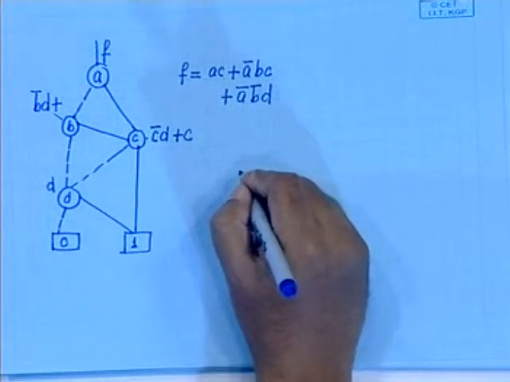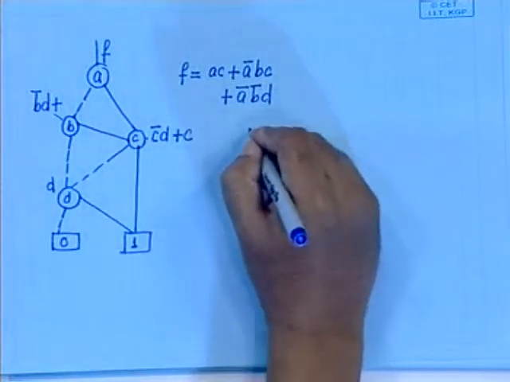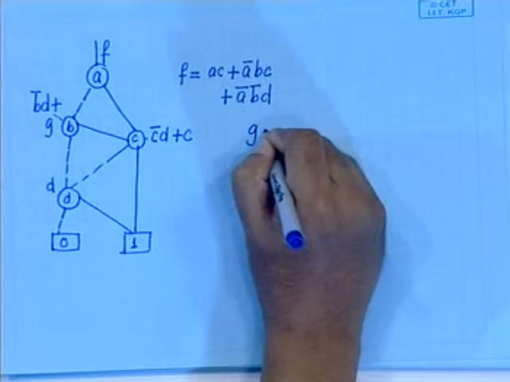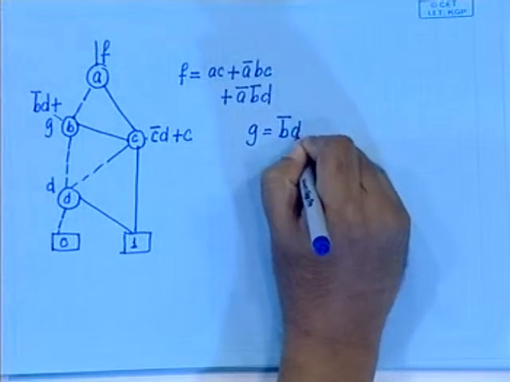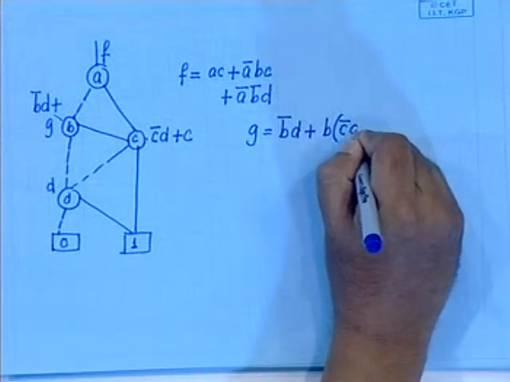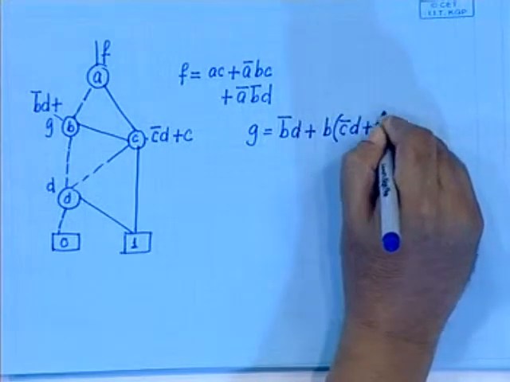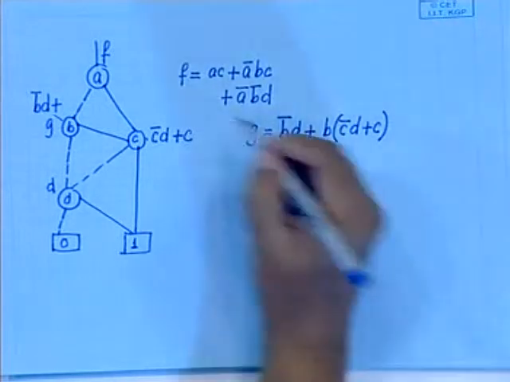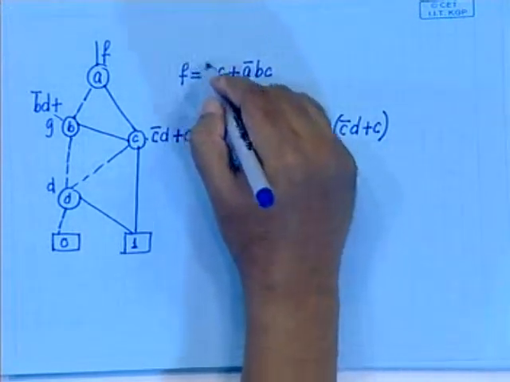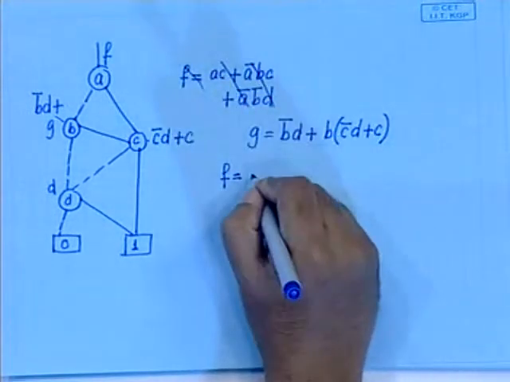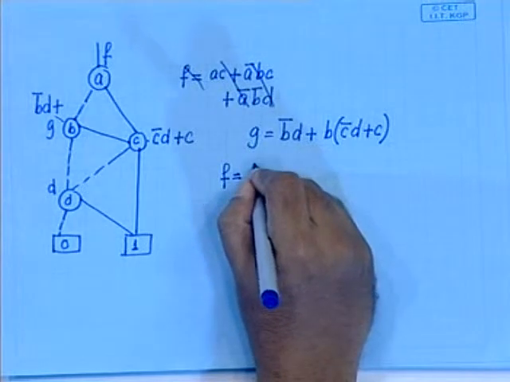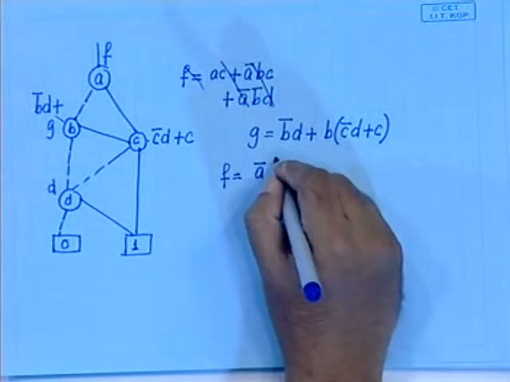So that function here, let me call this G. G is B bar D plus B times C bar D plus C. And then what is F? F is A bar times this, right?